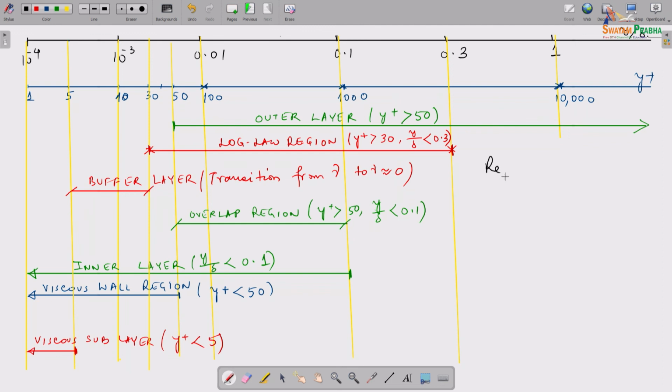Now, for example, let's just say that the Reynolds number is equal to 10 to the power 4. Now, y plus is equal to y by delta v. Therefore, y plus is equal to 1 by 10 to the power 4 of y by delta.